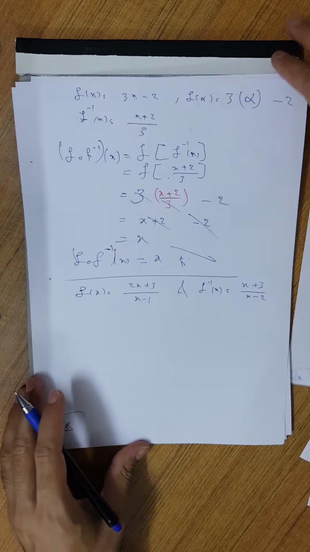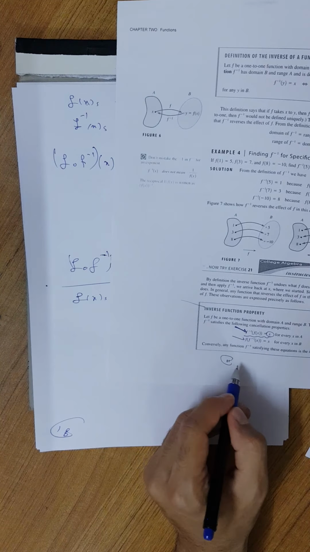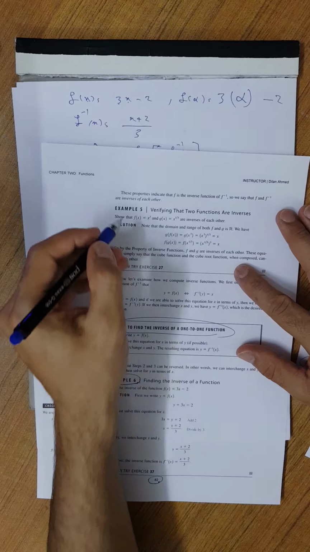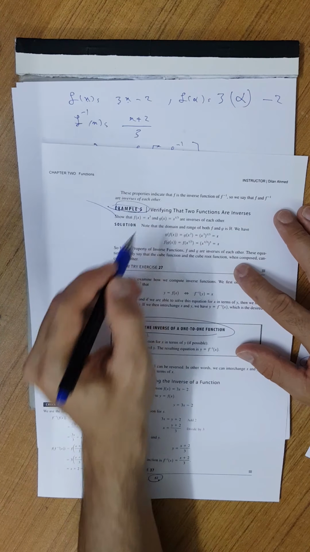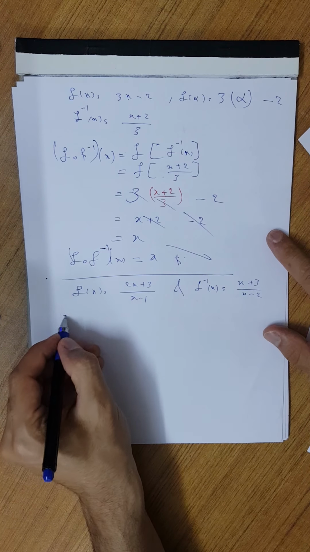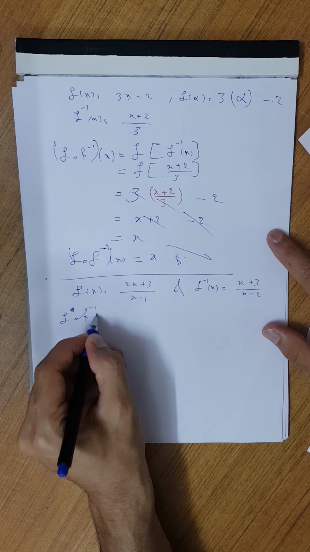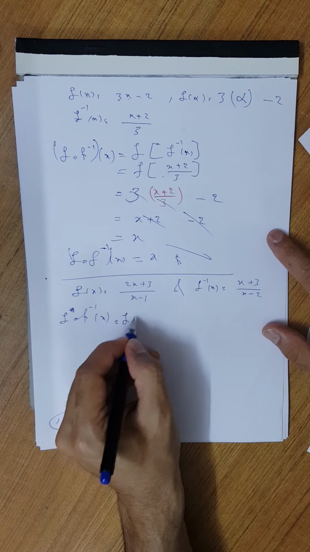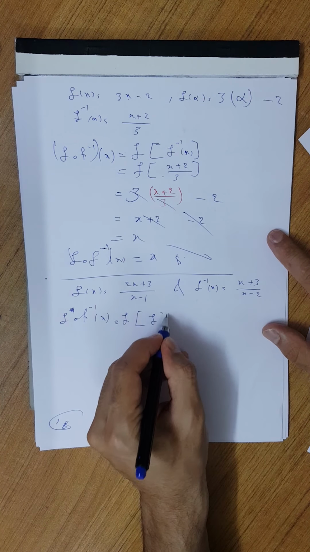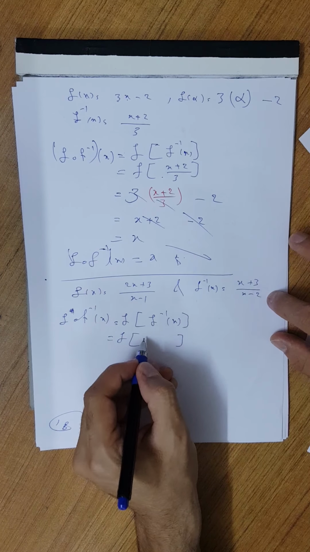Now I will apply this property from pages 81 to 82. You can see there's also an example. You can apply this rule and I will get what? This time I'll use f circle f inverse of x, which is equal to f of f inverse of x.